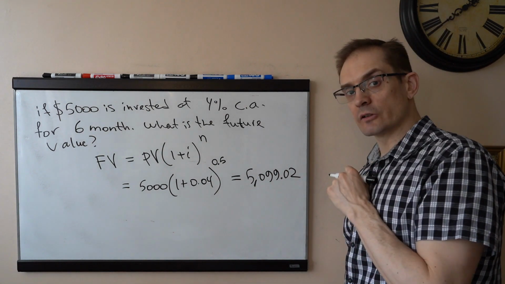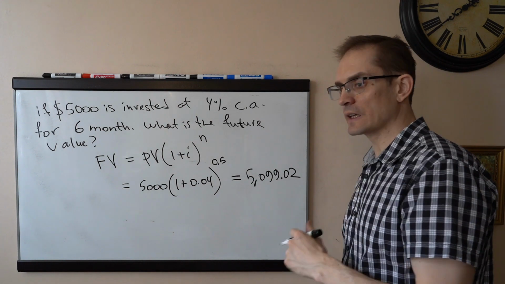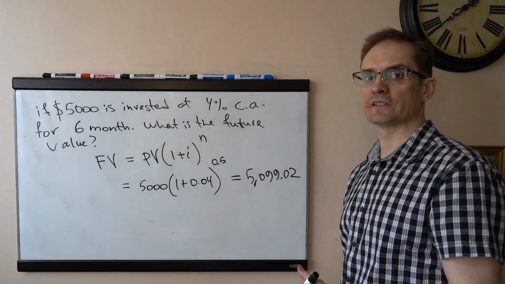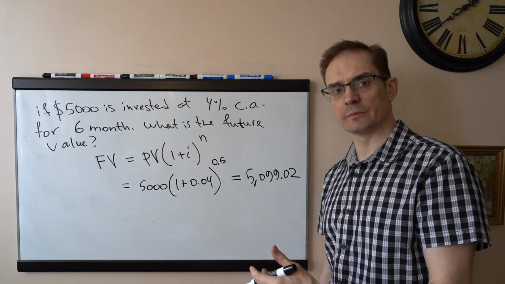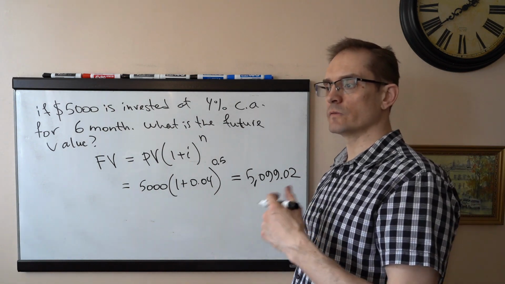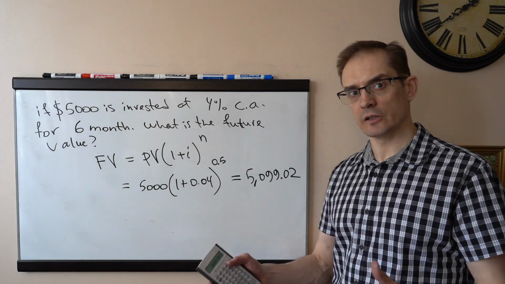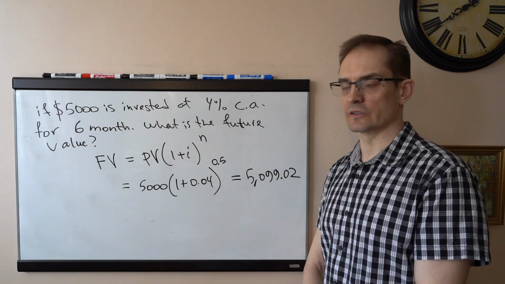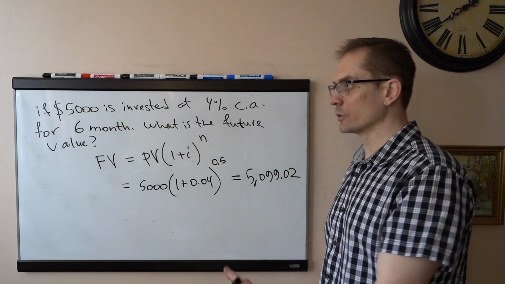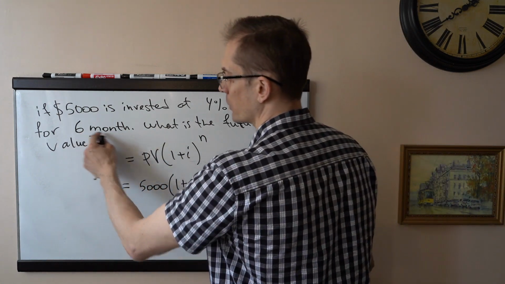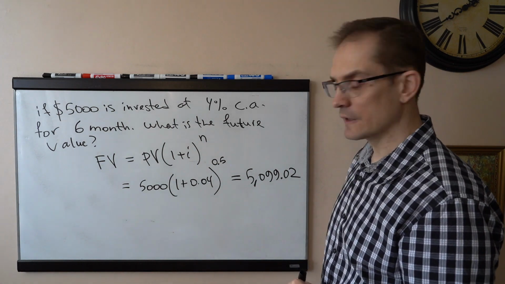By the way, this is an interesting example also because it shows that sometimes investing at simple rate is better than investing at compound rate. Like most of the time, of course, compound rate is a better investment. Why? Because when you invest at compound rate, you take advantage of the accumulated interest and you end up with higher interest, as we already saw in our examples before. But when you do not wait the complete period, so in this case, for example, if you wait only for part of the period, in fact, simple rate would be a better choice in that case.